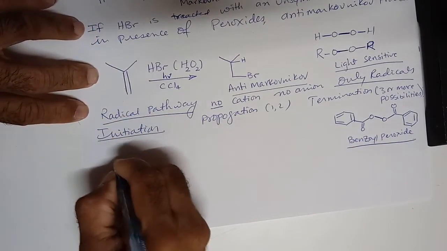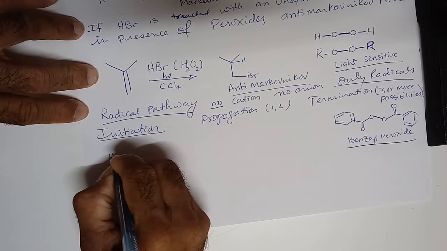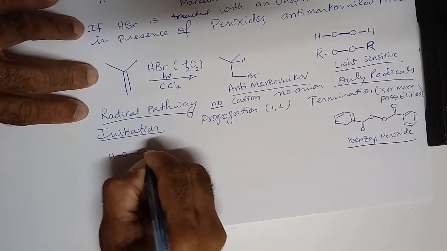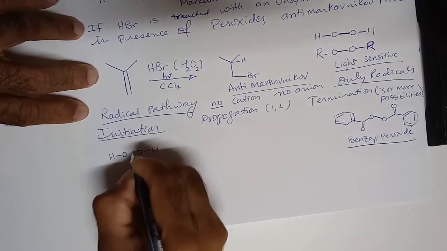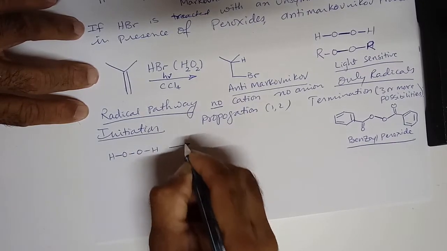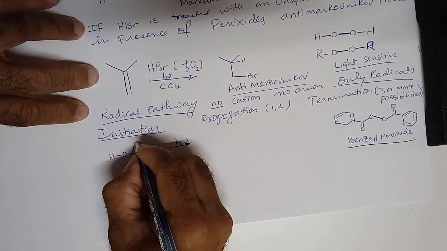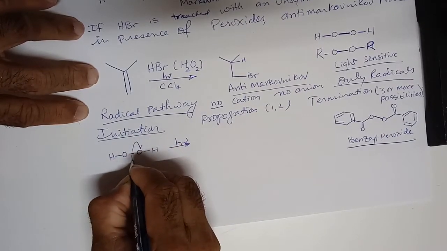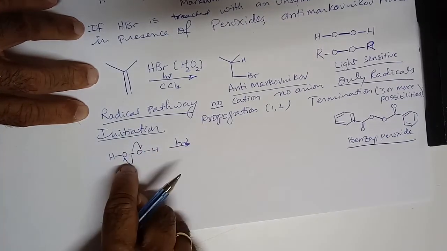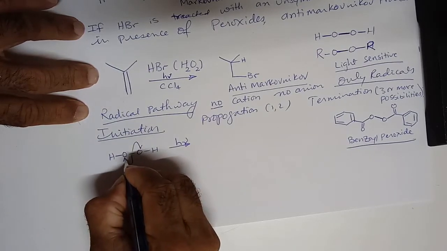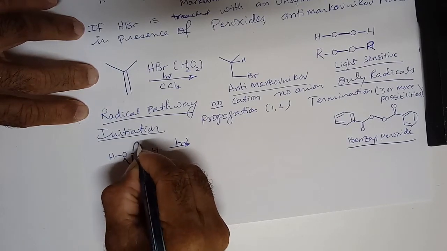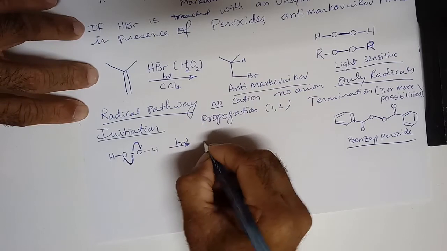All right. So what is happening? If I take H2O2, initiation would be in presence of sunlight. This bond is highly labile, highly unstable. It's going to break, and you see the arrow is going to be a single hook because we are talking about one electron walking away.